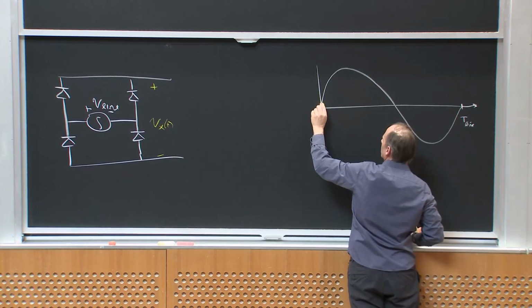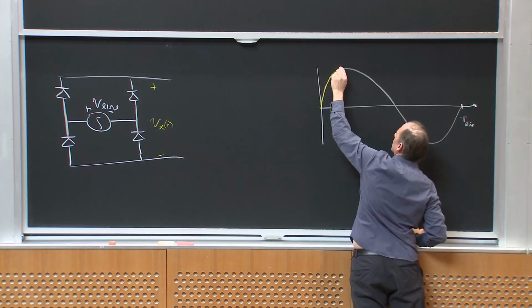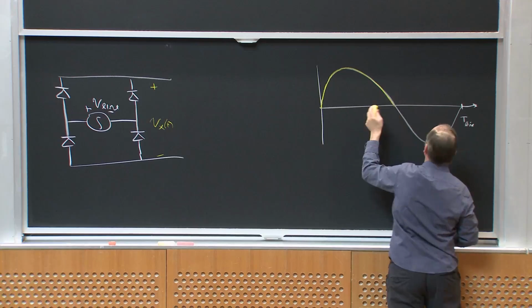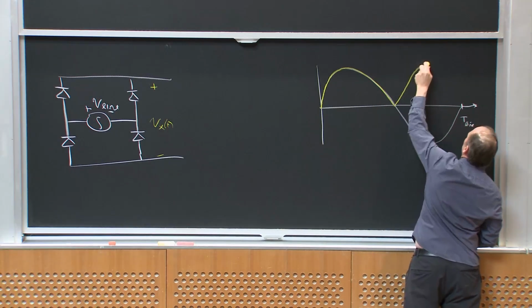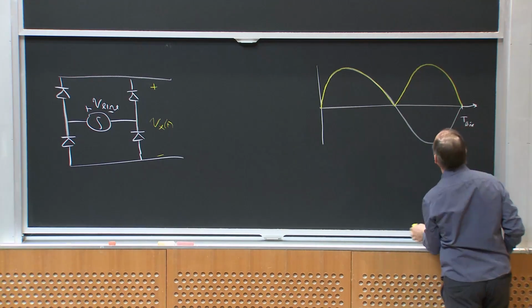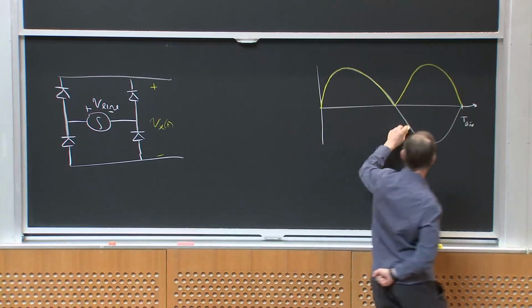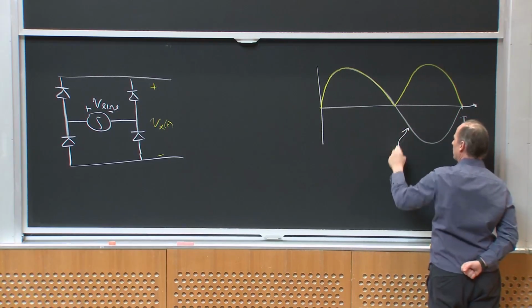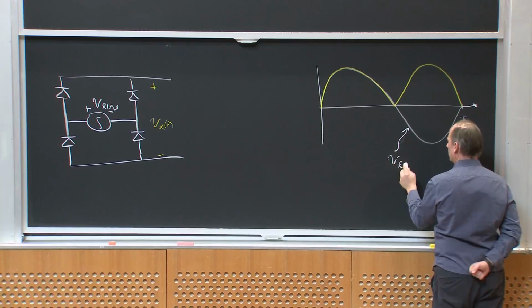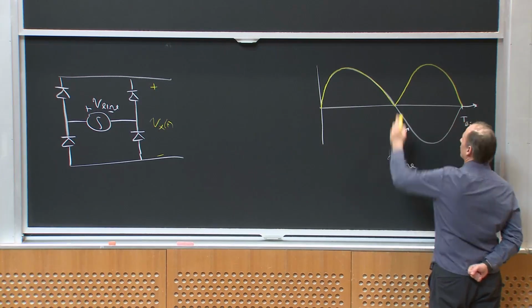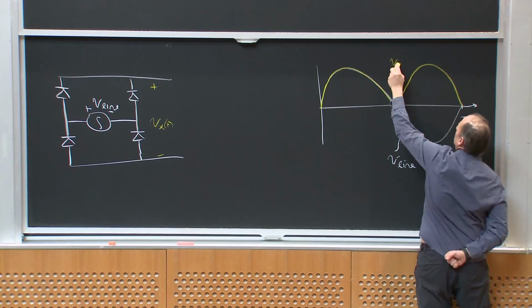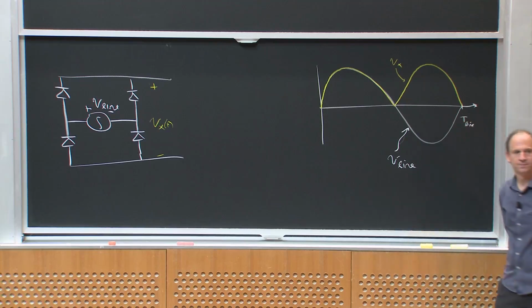So now I get something that does this. Okay, that's a pretty bad half sine wave. So here's V line, here's Vx. Does that make sense to everybody?